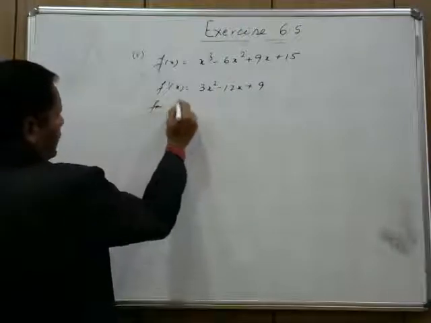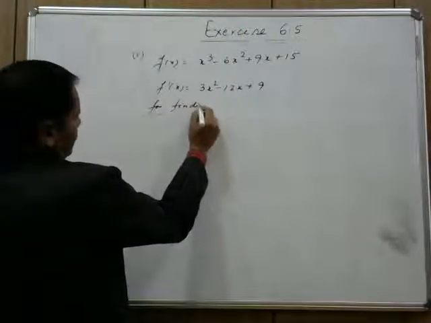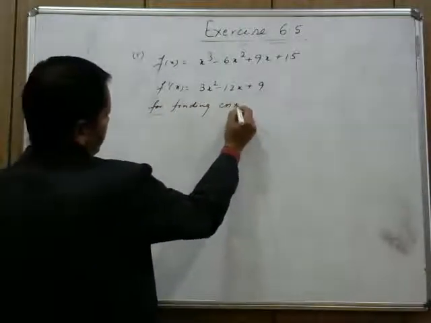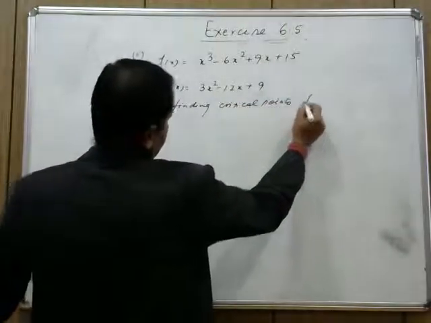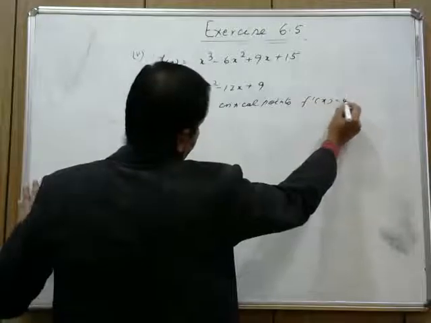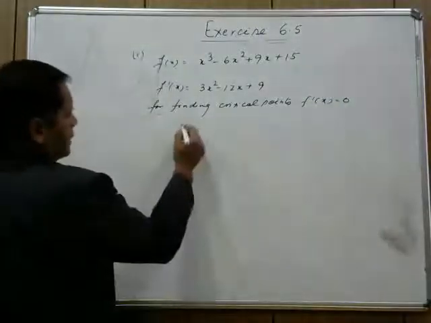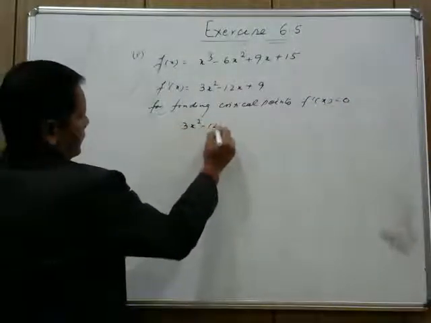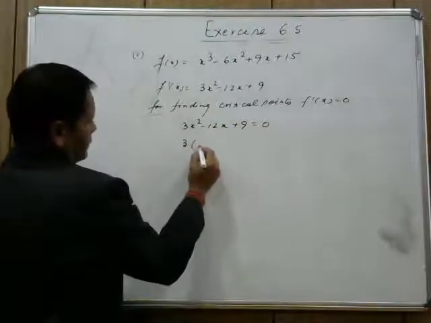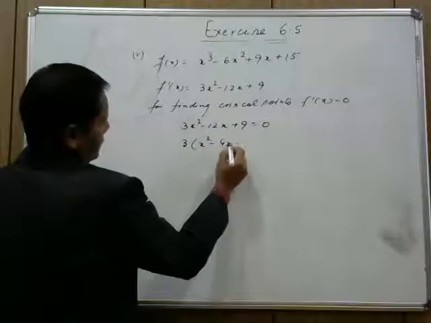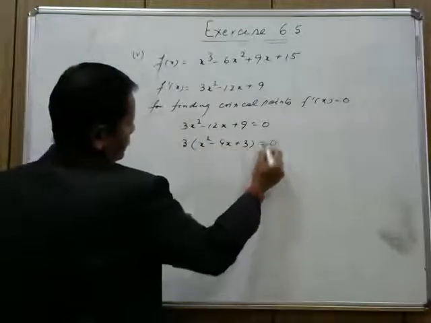For finding critical points, we put f dash of x equal to 0. It means 3x square minus 12x plus 9 equals 0. Can I write x square minus 4x plus 3 equal to 0?